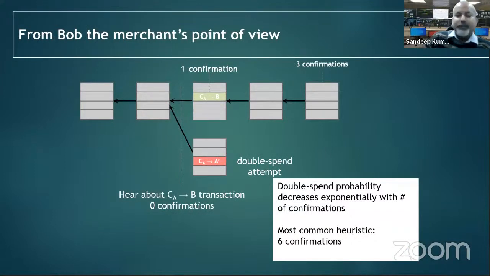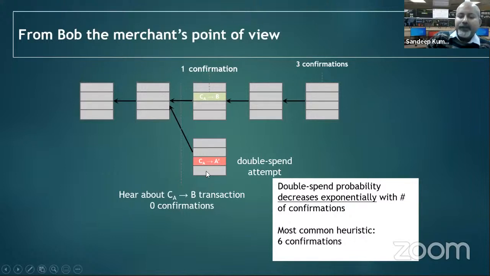So double spend actually may lead to a problem to Amazon, for example, because let's say A prime is Amazon and B is somebody else. So A gives money to B in this path, and in this path A gives money to A prime, where A prime is Amazon.